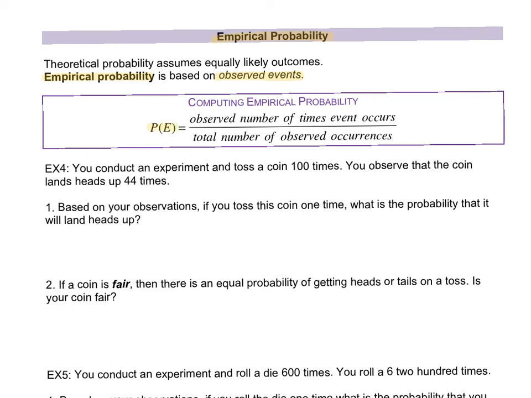So the probability that an event will happen with empirical probability is the observed number of times the event occurs over the total number of observed occurrences, which is probably just a bunch of words at this point.